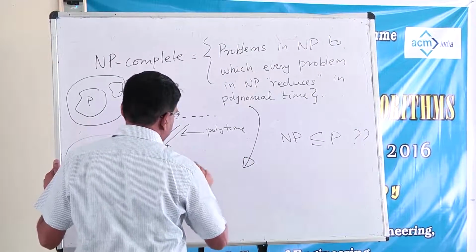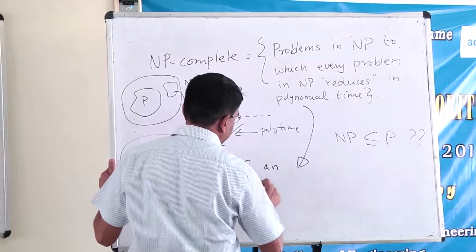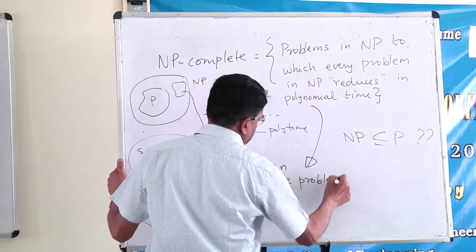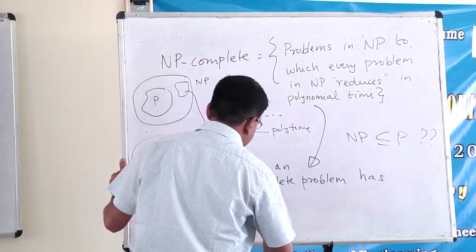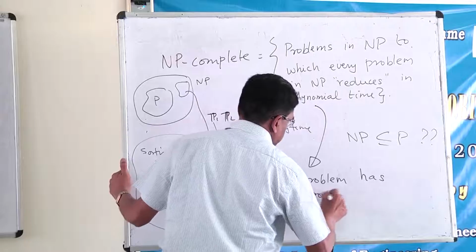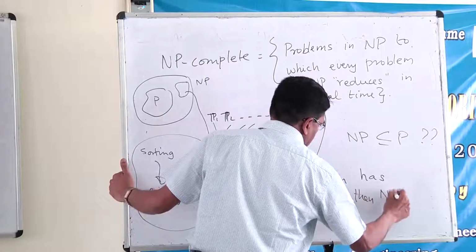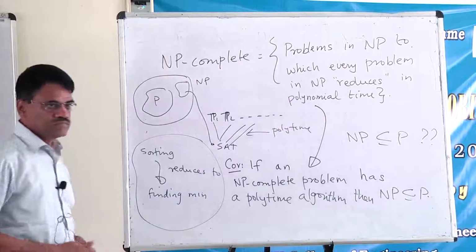is that if an NP-complete problem has a polytime algorithm, then NP is contained in P. Why?